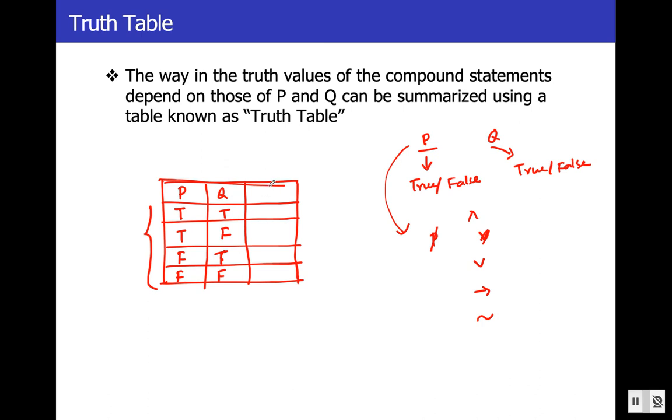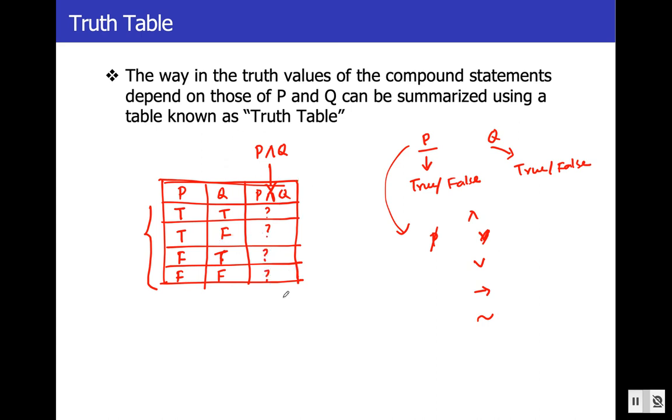Then here we are going to calculate the value of a compound statement. For example, let's say it can be P and Q. We are going to find out what the value of P and Q will be if P is true and Q is true, and what the value of P and Q will be if P is true and Q is false.